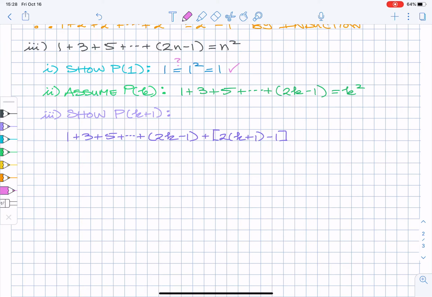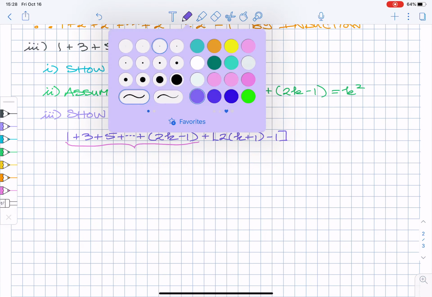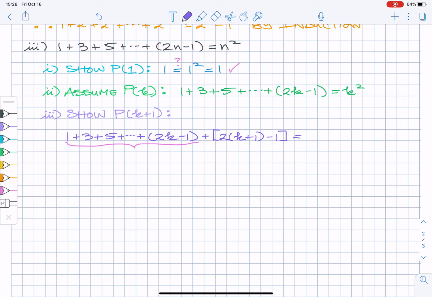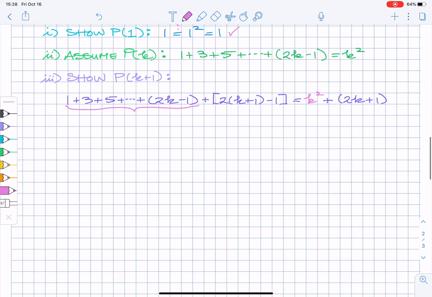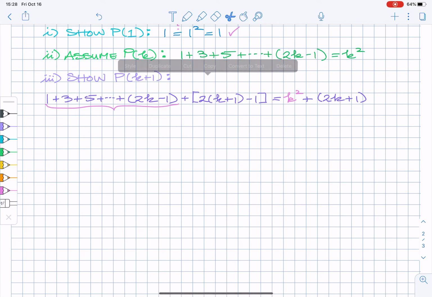Well, I claim these first k terms are equal to k squared by assumption, to which we're adding, if I distribute, 2k plus 2 minus 1, which is 2k plus 1. Agreed? And that step was by assumption. But I really don't have enough room here. So, by assumption.